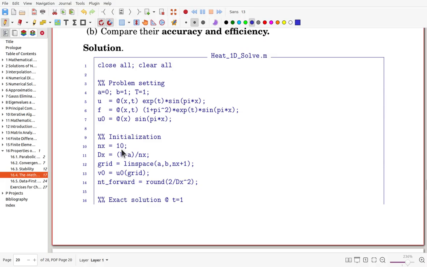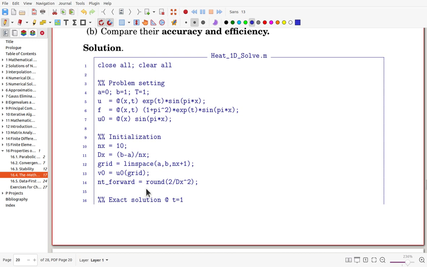Now nx is chosen 10, so that we can find the dx, and we make a grid point, and then this is the initial value, and here the time step for forward Euler is made in this way.